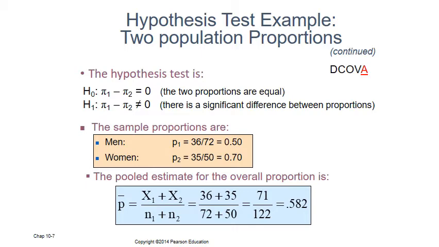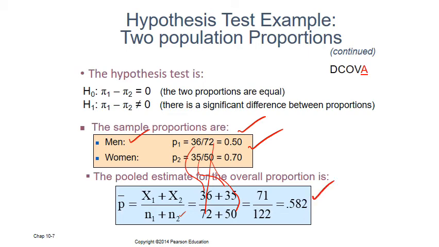So for men who vote yes for proposition A, p1 is 36 over 72, which is 0.5, and in case of women, 35 are saying yes out of 50, so p2 is 0.70. So p bar is x1 plus x2 over n1 plus n2. We substitute the values: x1 is 36, x2 is 35, n2 is 50, and n1 is 72.